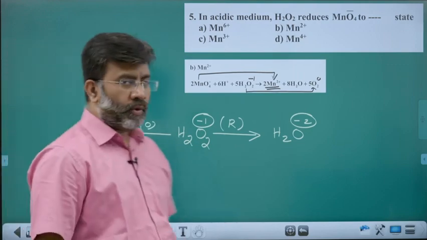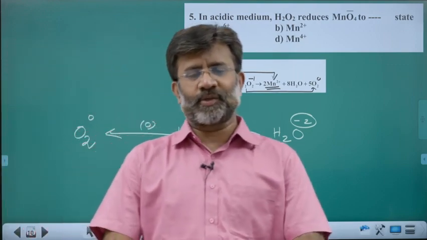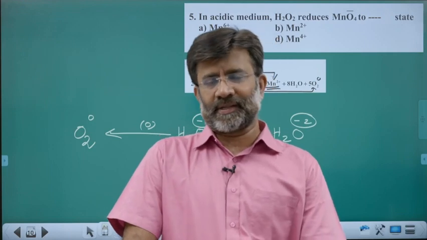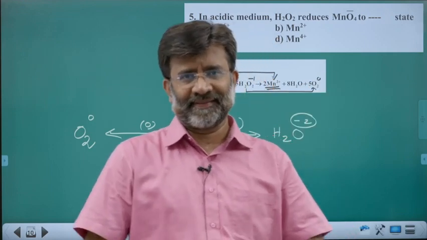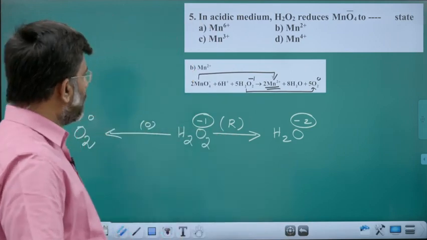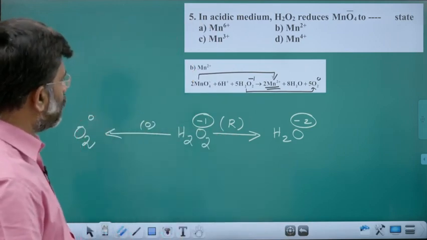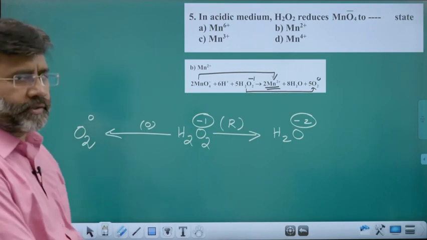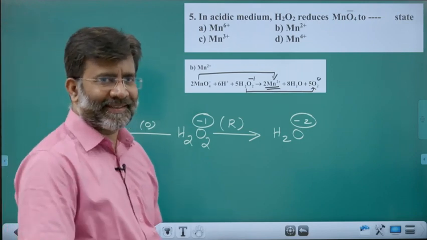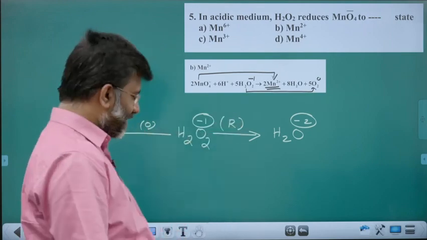So H2O2 can undergo oxidation as well as reduction. It is a good oxidizing agent and a mild reducing agent. Right? So here, MnO4 minus is reduced to Mn2 plus in acid medium, while H2O2 is oxidized to oxygen. That is the reaction. Okay? Next question.